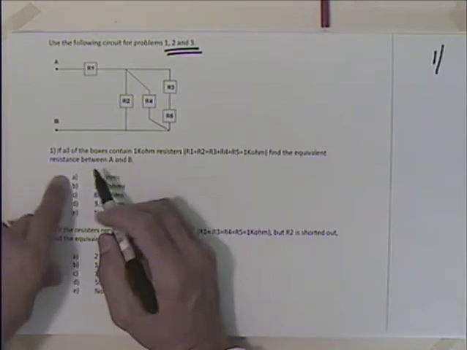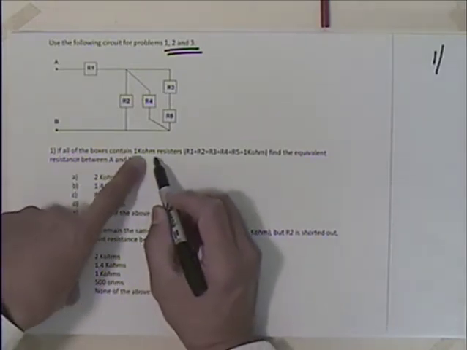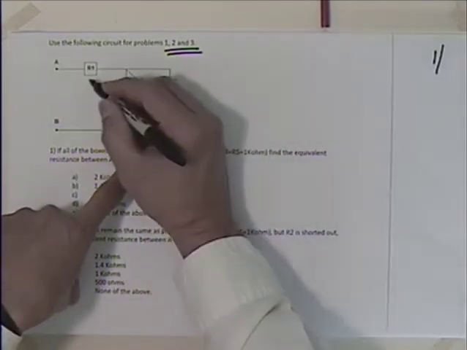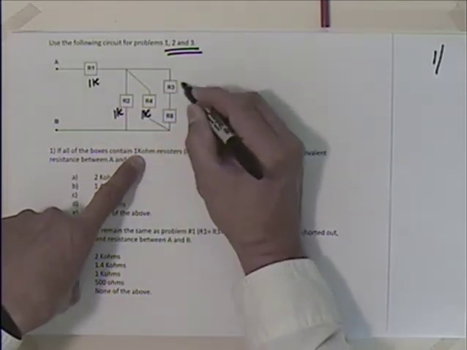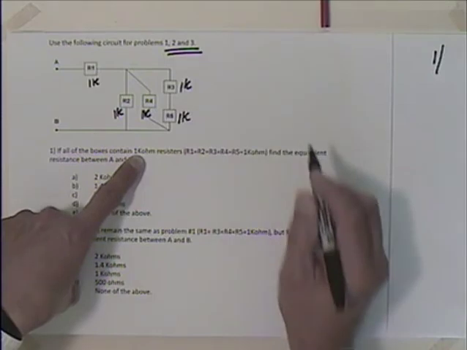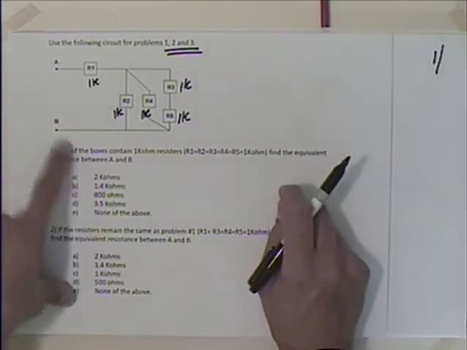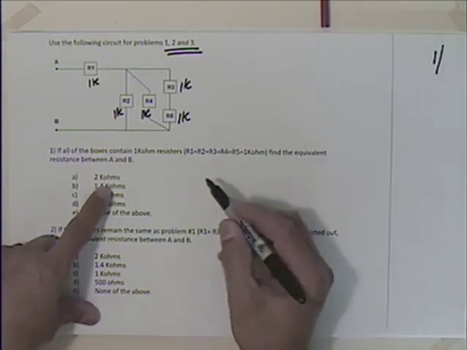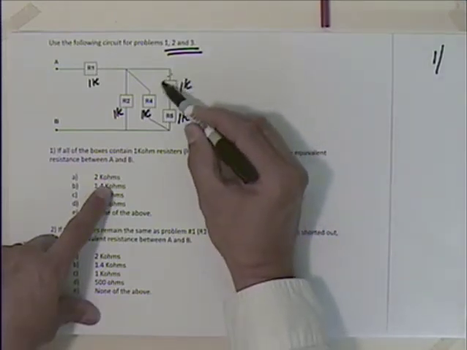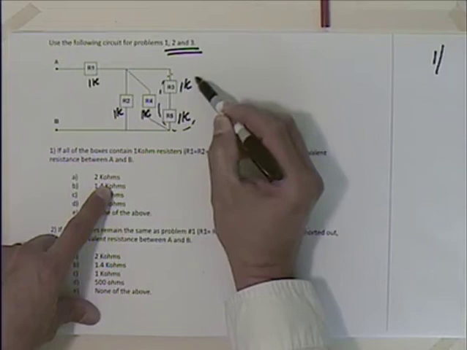On question number 1, it says if all the boxes contain a 1K ohm resistor, so this is 1K, 1K, 1K, 1K, and 1K, we'd like to find the equivalent resistance between A and B. Well, hopefully that's fairly easy. If we look at that, we really have these two in series, right?